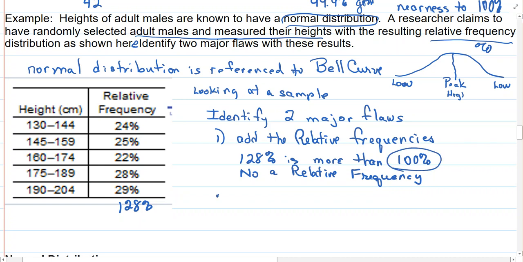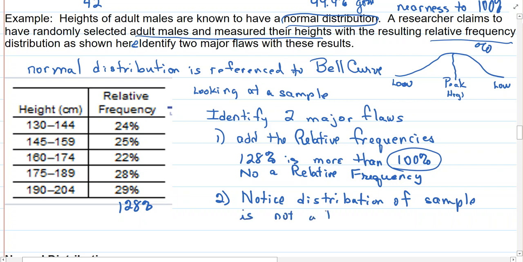Then we notice what? What do we notice? We notice that the distribution of the sample is not a bell curve.